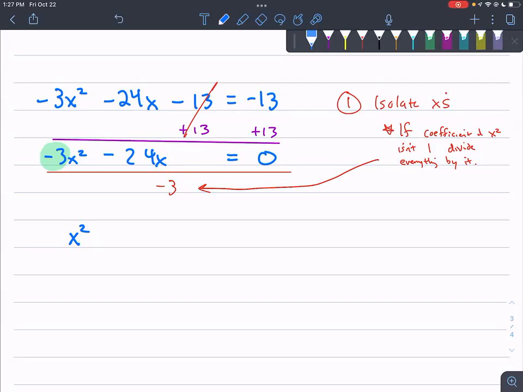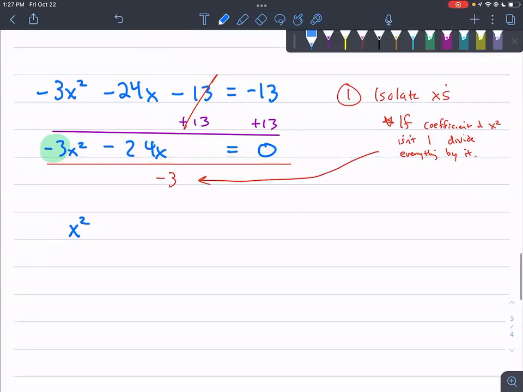So now we've got 1x squared. And then we're doing negative 24 divided by negative 3. Negative divided by negative is going to be positive. 24/3, just 8. And then 0 divided by anything is just 0. But make sure you divide every term by negative 3.